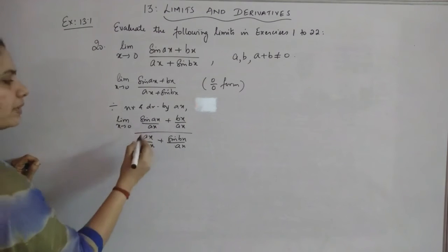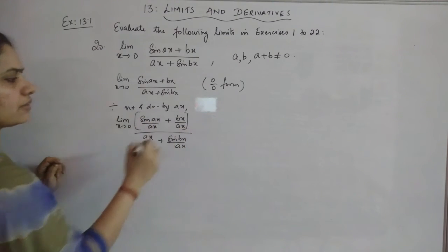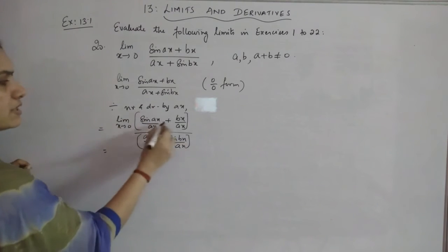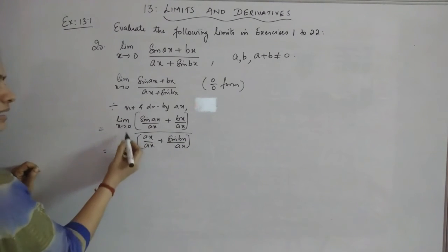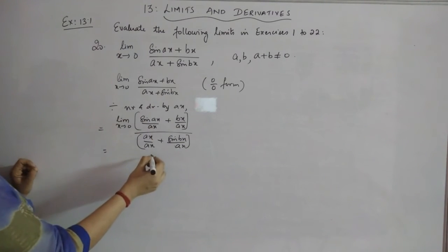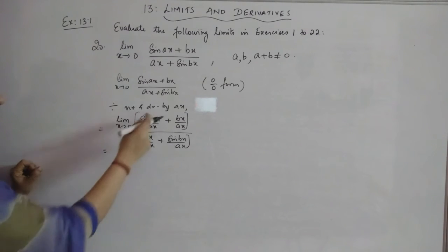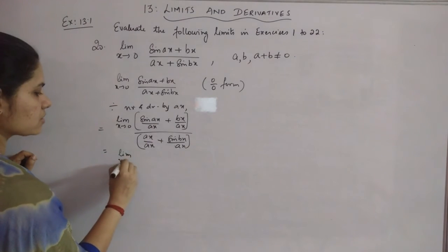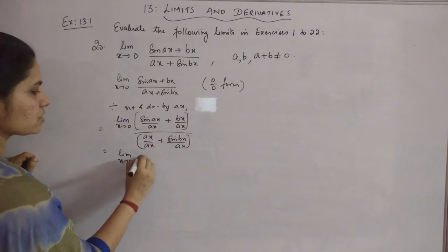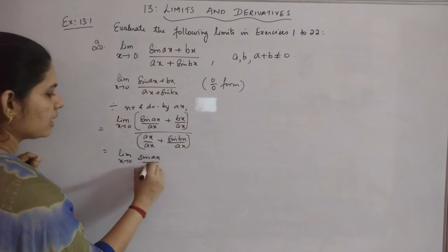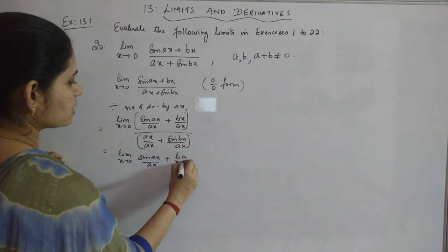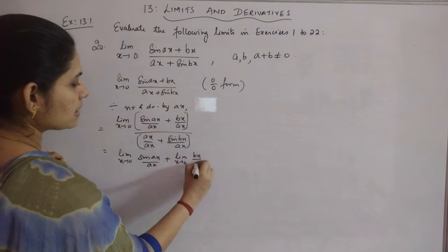Now here we know that the limit of a sum is equal to the sum of the limits, so you can replace the limit in each of the terms separately. Again, the limit of a quotient is equal to the quotient of the limits, there also you can apply it separately for all the terms, right? So this will become limit x tends to 0 sin ax by ax plus limit x tends to 0 of bx by ax.